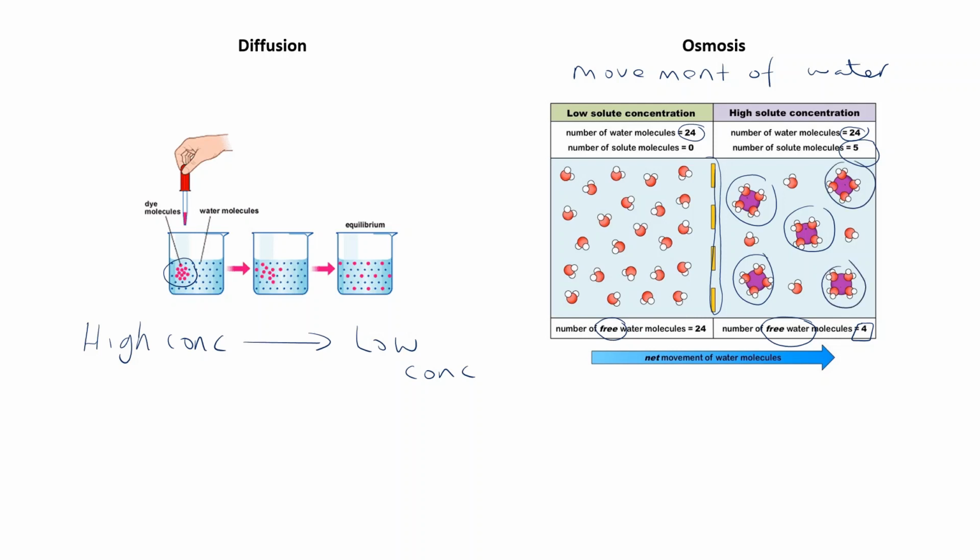So instead we have 4 free water molecules on this side compared to 24 on this side. So what will happen is the water will move from a high free water concentration to a low free water concentration. So basically water will go to where the highest quantity of solute is.